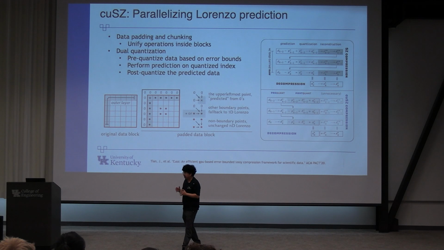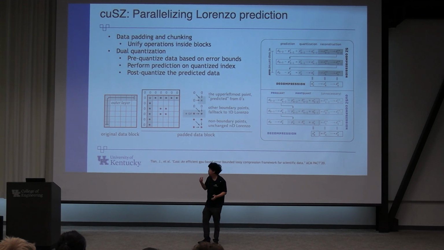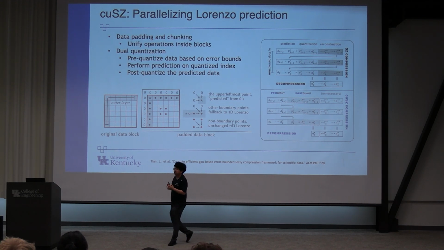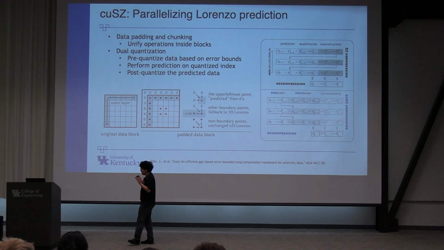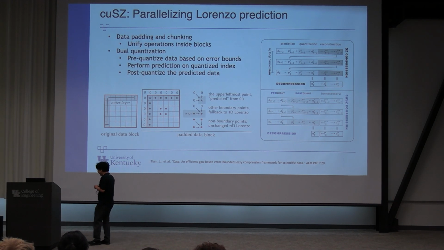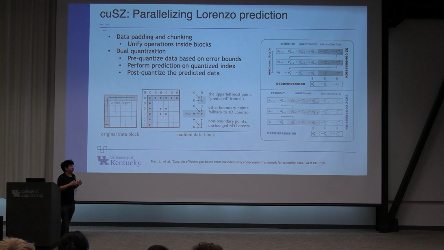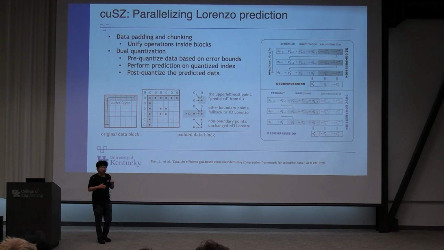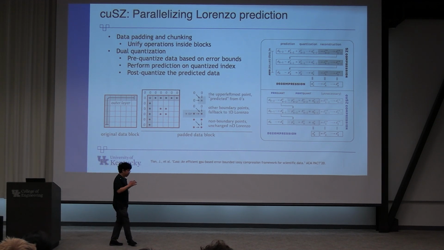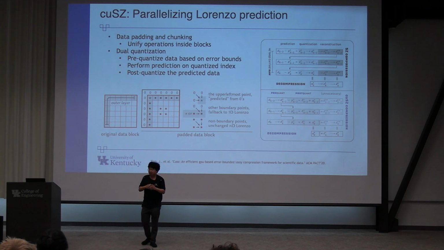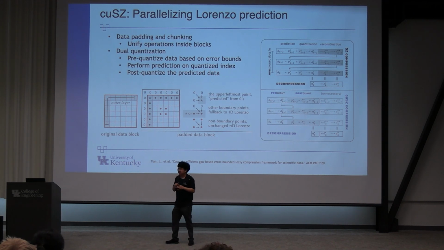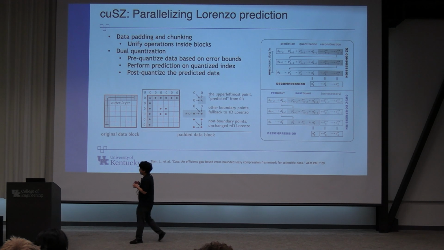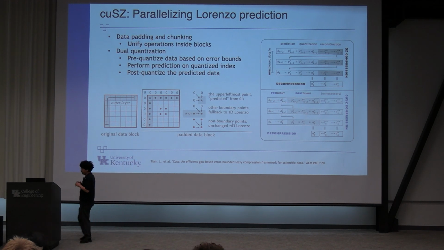And branch divergence inside a GPU warp will lead to low performance, as we mentioned before. So in this case, we just apply padding to the data such that the data can be processed in the same fashion. After adding one row and one column to the data, all of the data operations in the block can be unified to the same fashion. In this case, we can leverage the GPU to achieve higher parallelism.